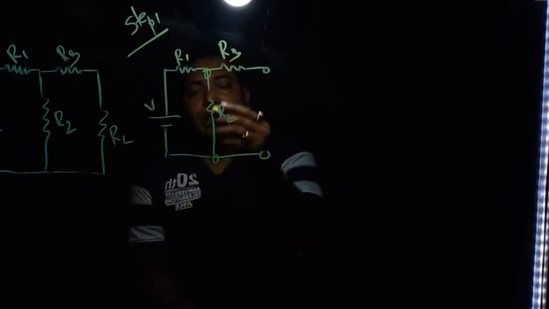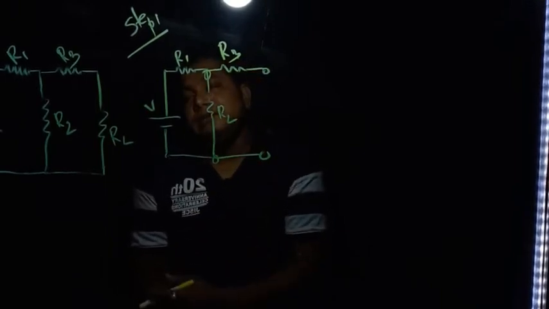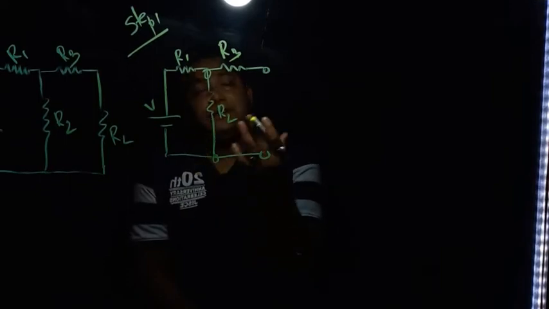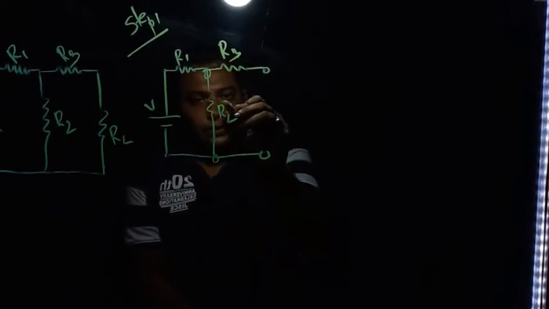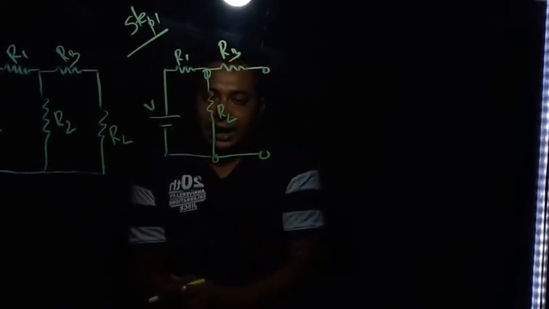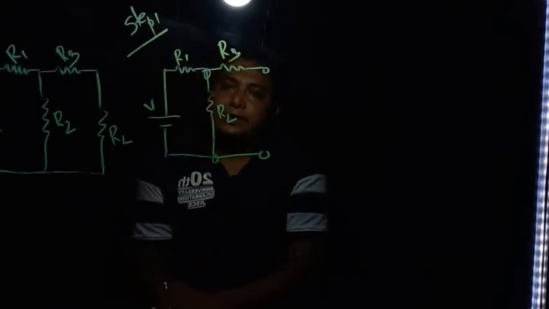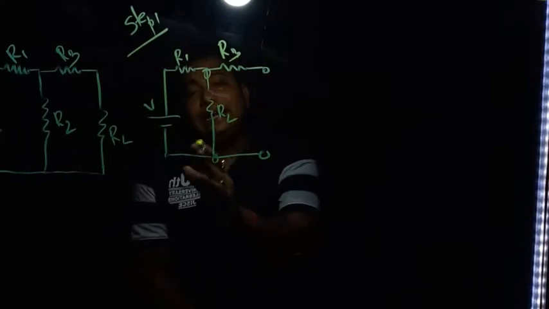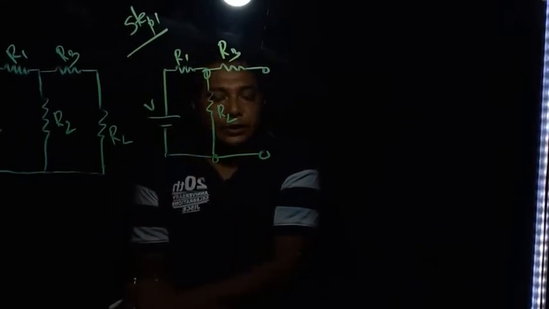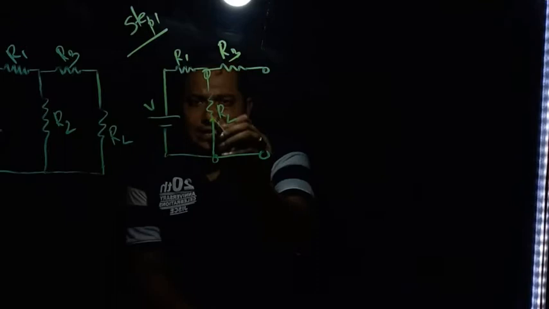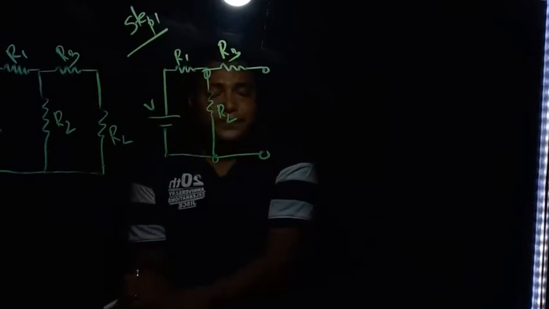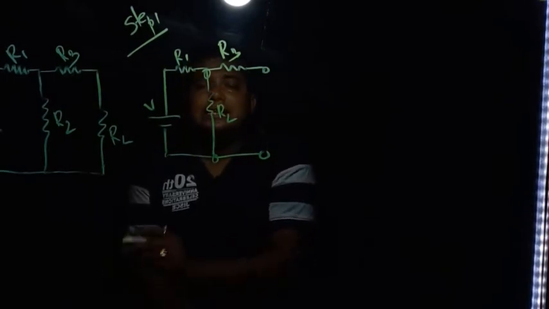We know that the voltage across any branch is V equal to I into R. R2 is already known, so we have to find out I. If we find I, then we can find the voltage drop across this one. So what is the I over here? This is a simple series loop. What is the equivalent resistance?